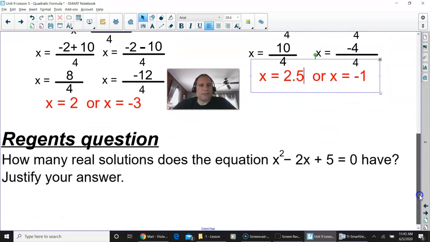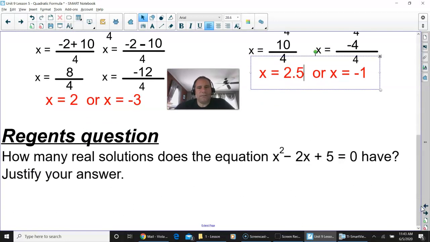So the last question right here is a Regents question. How many real solutions does the equation x squared minus 2x plus 5 have? And you have to justify your answer. Go ahead, see if you can do that right now.